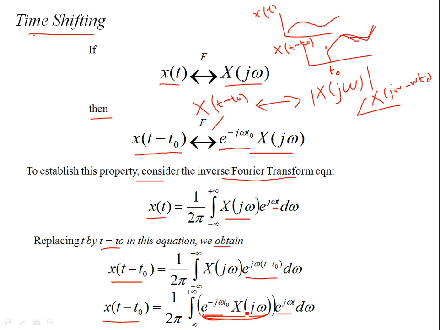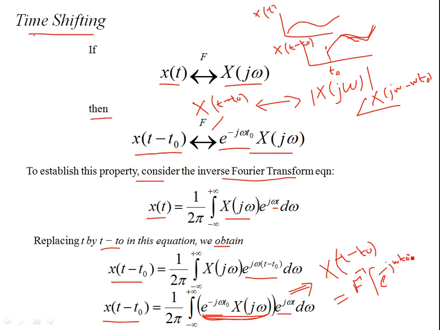The implication is that x(t minus t naught) is the inverse Fourier transform of e^(minus j omega t naught) X(j omega).